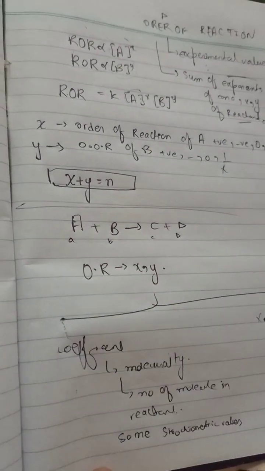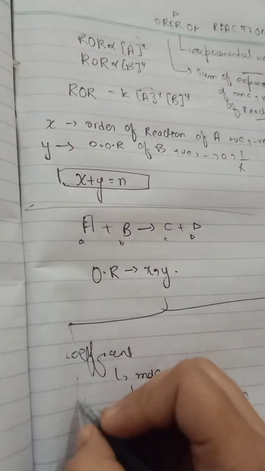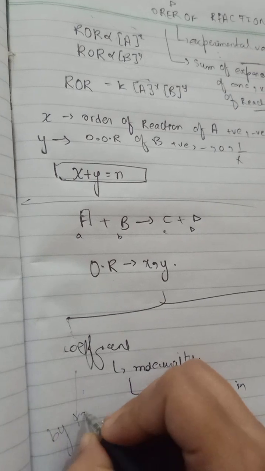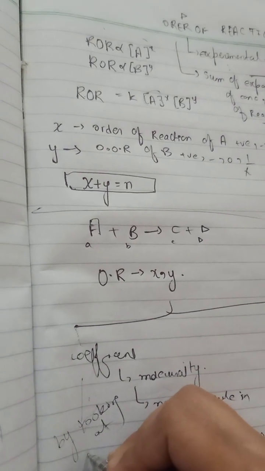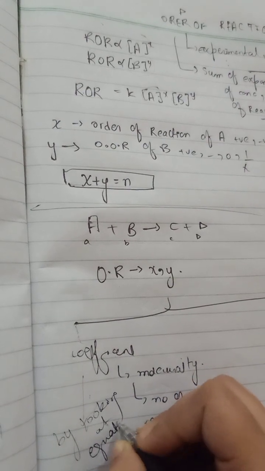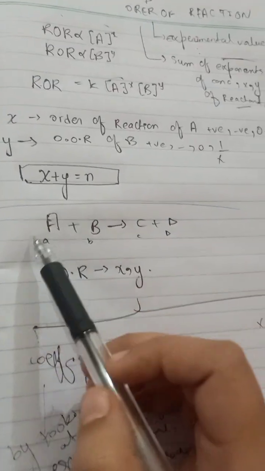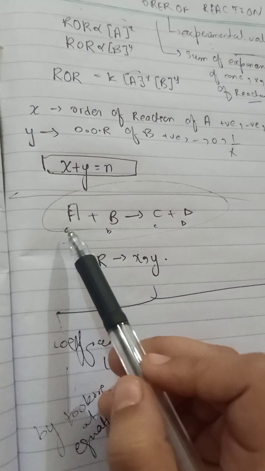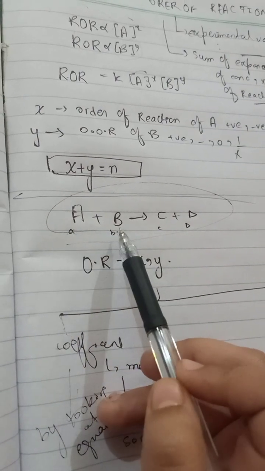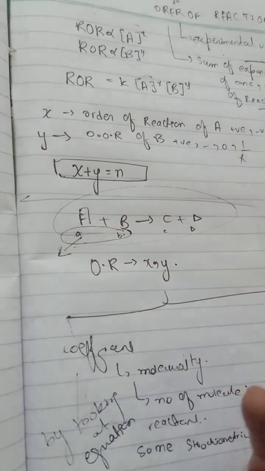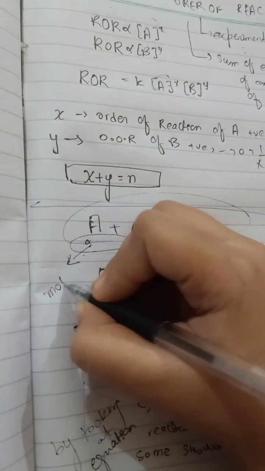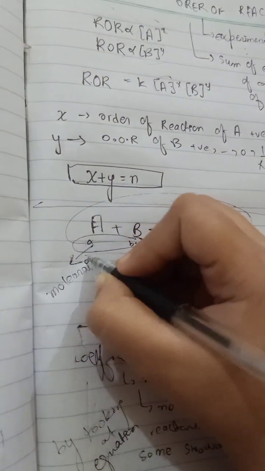We can find it out by looking at the equation. For example, looking at this equation, these are the reactants, and this is the molecularity on the reactant side.